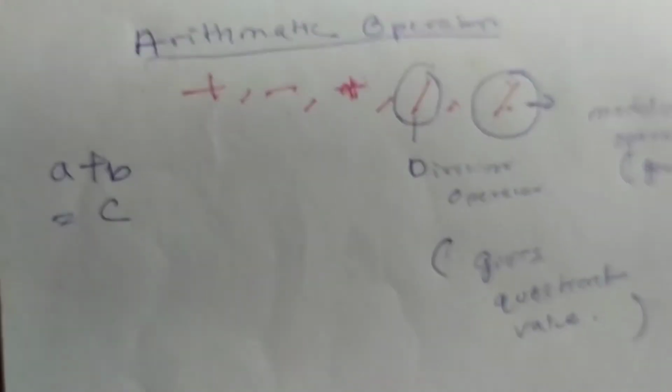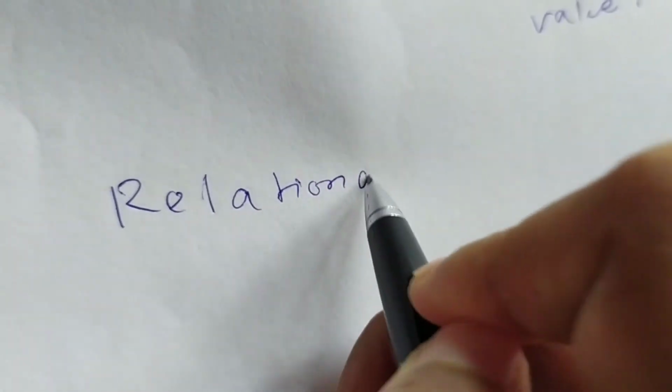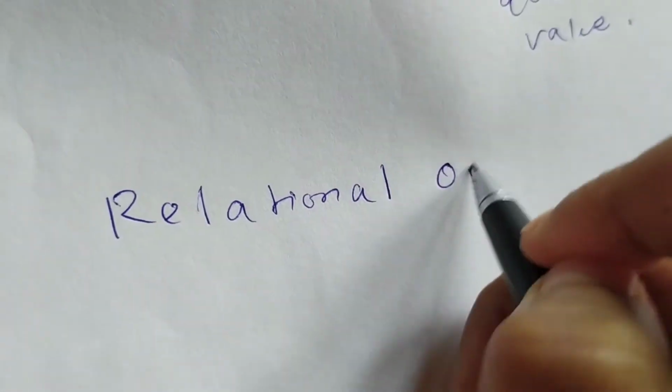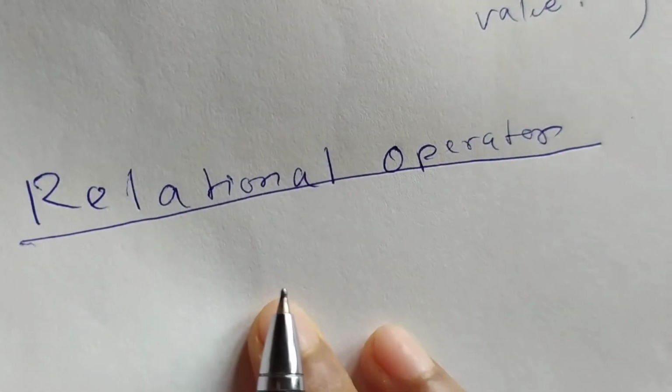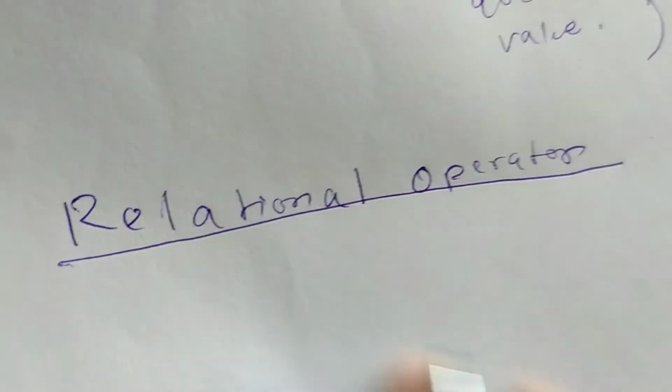The second operator is the relational operator. Okay, the relational operator is used to give relational values.